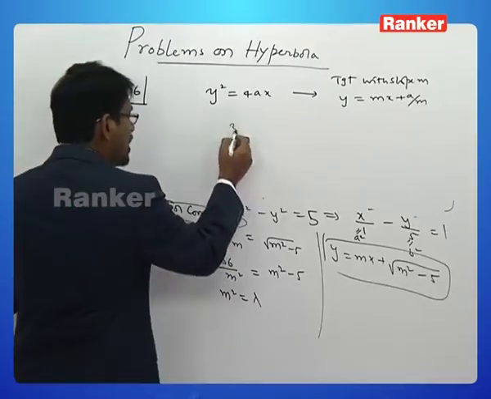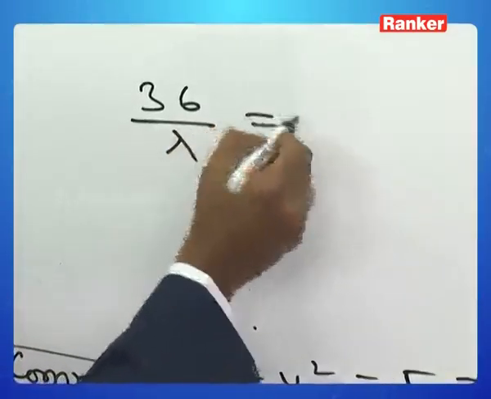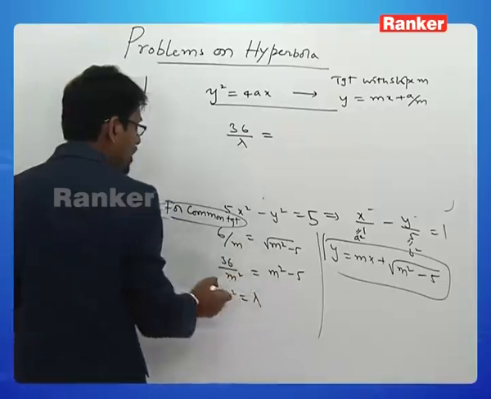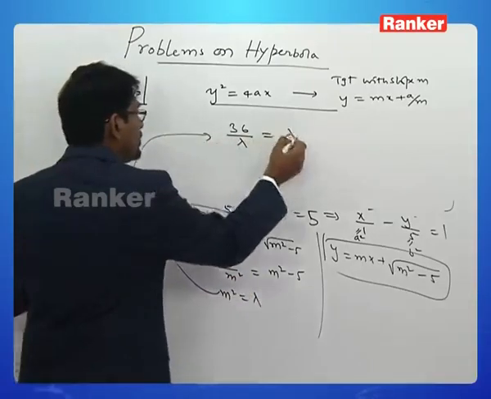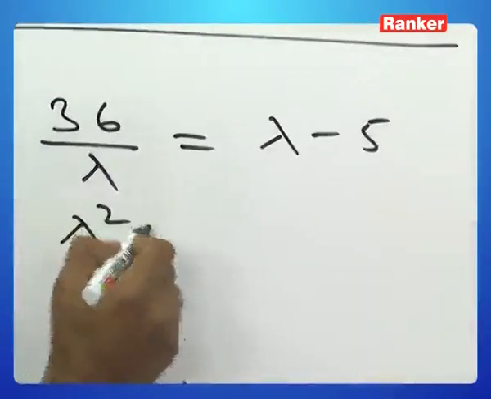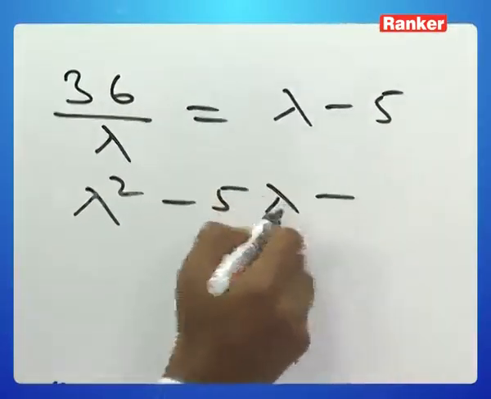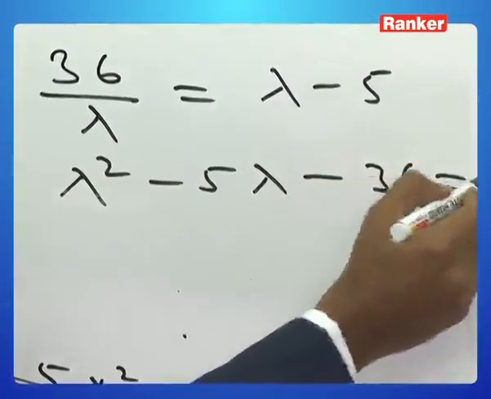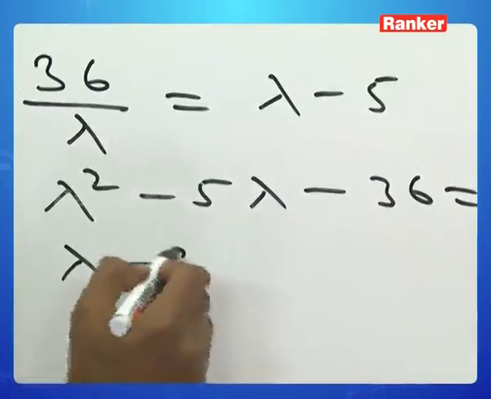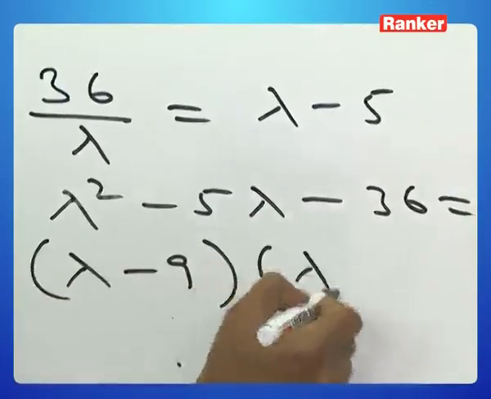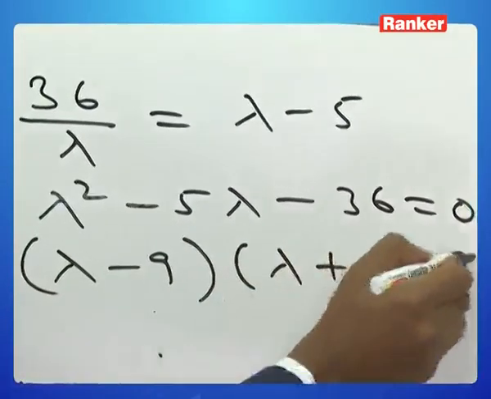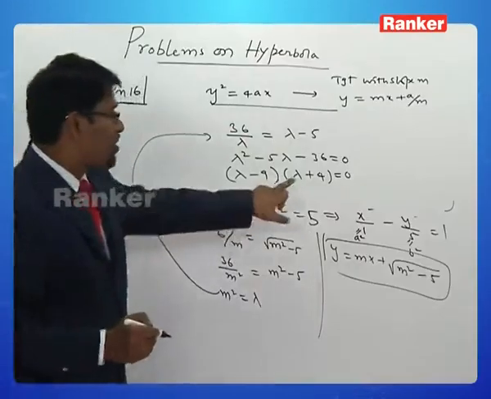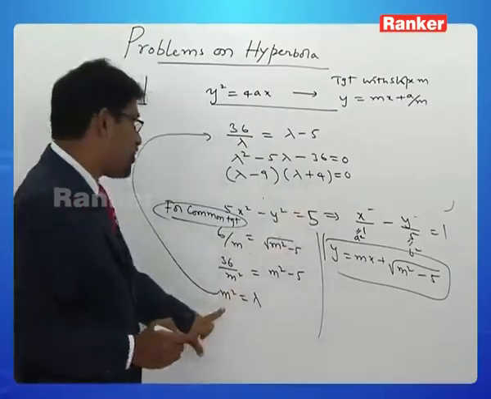We have 36 by lambda is equal to lambda minus 5. So lambda square minus 5 lambda minus 36 is equal to 0. That gives us lambda minus 9 into lambda plus 4 is equal to 0. Lambda plus 4 cannot be 0 because lambda is m square.